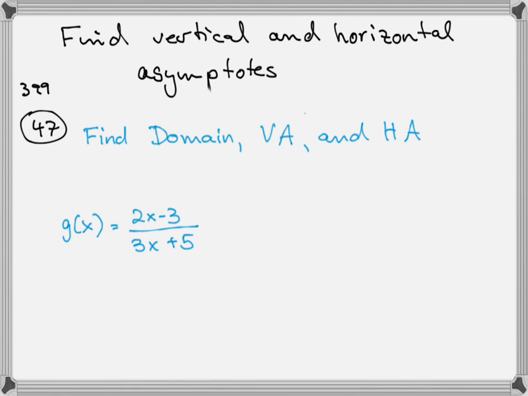How do we find the domain? You said 3x plus 5 equal to 0, and if you solve this, you get x equals what? Negative 5/3. So that just answered one question here. X equals negative 5/3 is the VA. Done you are.